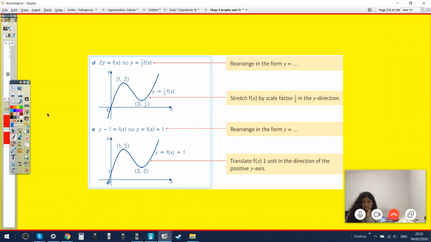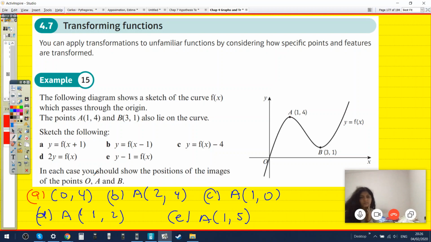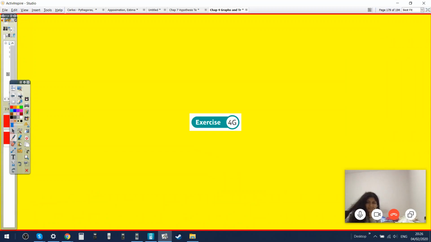Those are really the only two worth checking: 1, 2 and 1, 5. You could mess around with the other points as well. But yes, if you're stuck, you can just bring them across to the other side. If it's next to the y, it's the same as if it's next to the x. It's the opposite. You did great.